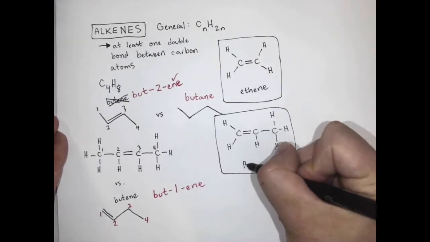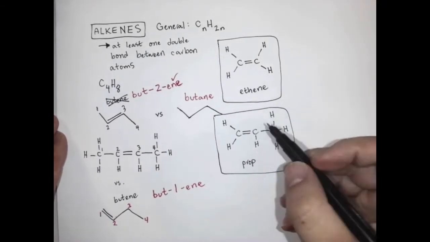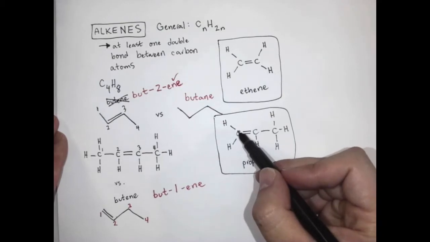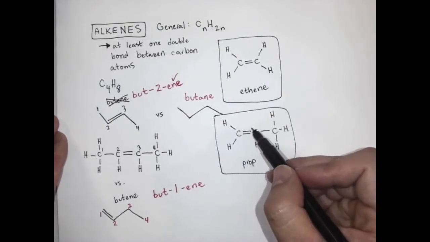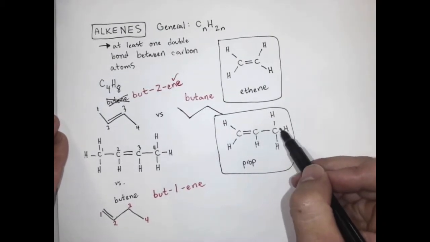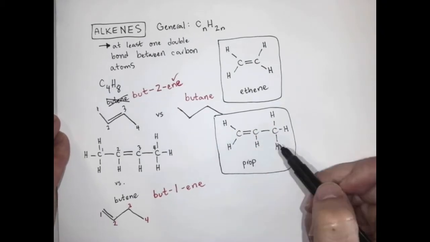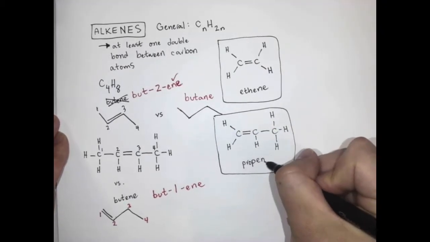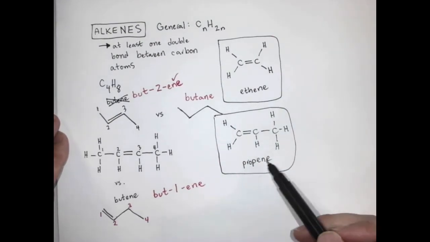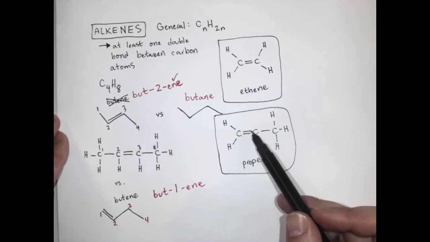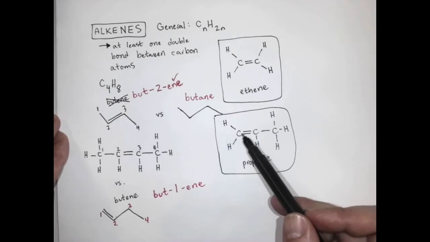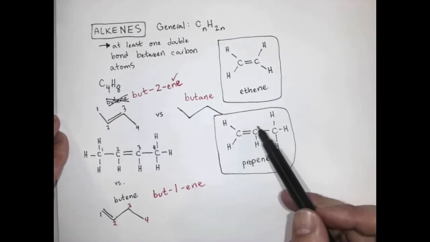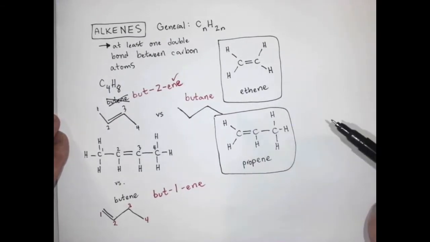But I don't need to say prop-1-ene, because even though it starts at carbon 1, if I were to switch the double bond to this carbon, it would still start at carbon 1. I would just number from the other direction. So I don't need to write prop-1-ene. I could just write propene, because the double bond can only ever start at carbon 1, because there's only 2 places for it to go, and by definition, carbon 1 is where the double bond starts.